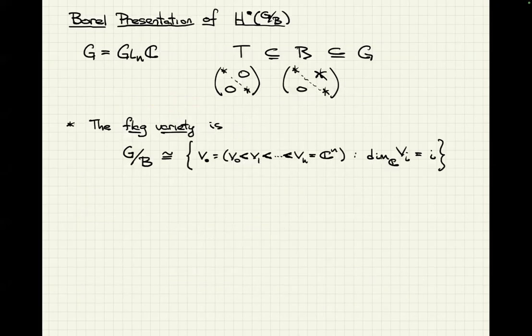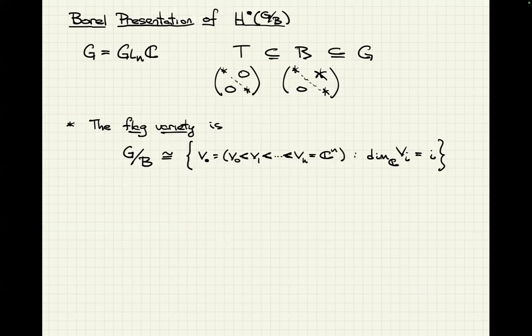So what we will be talking about more is geometry. So we're going to stick to type A today. And I'm going to let G be the general linear group of n by n invertible complex matrices. And we'll think about the standard Borel subgroup of upper triangular matrices and the standard torus of diagonal matrices nested inside like that.